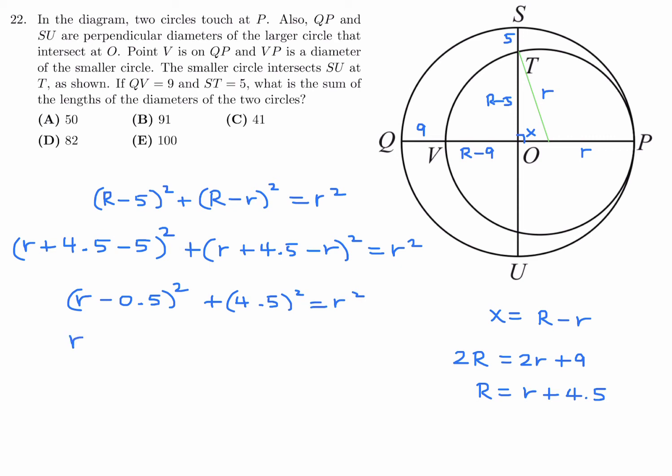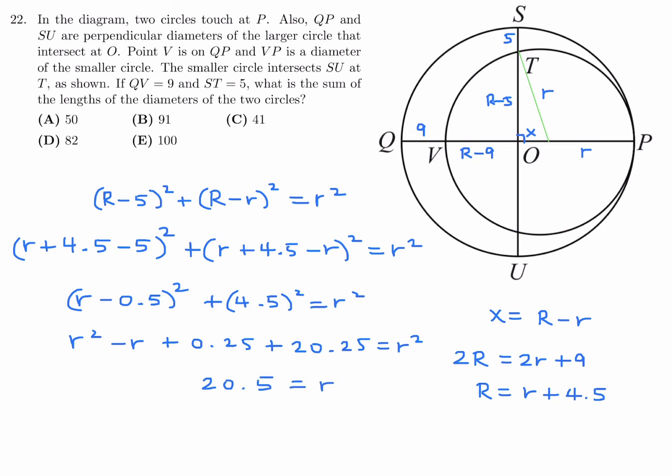So let's expand this. So r squared minus r plus 0.25. And then 4.5 squared is what? 20.25. And then this is just r squared. Well, the r squareds cancel. And this becomes 20.5 is equal to r.